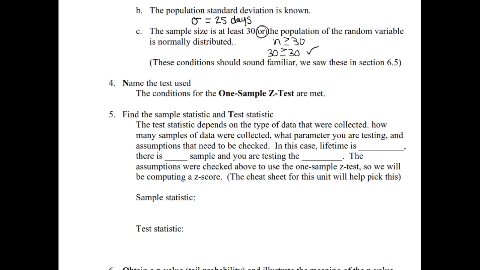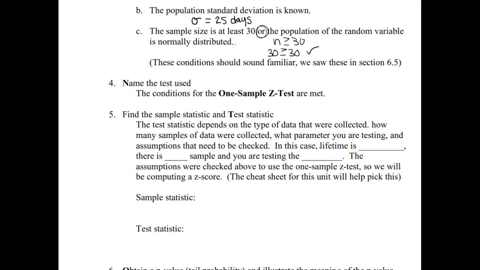All right, step 5. The fifth letter in PHANTOMS is T, so we need to look at a test statistic. Again, the test statistic is going to depend on the type of data that were collected, how many samples of data, what parameter you're testing, and assumptions that need to be checked.